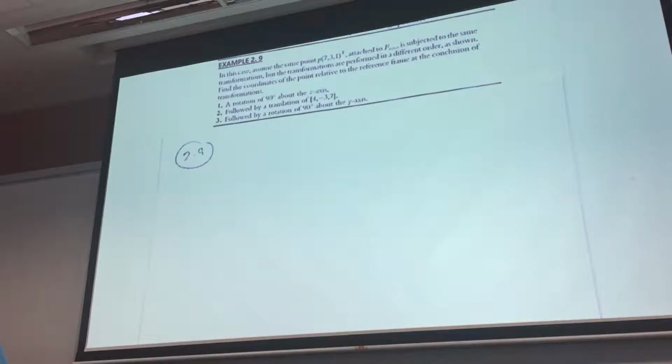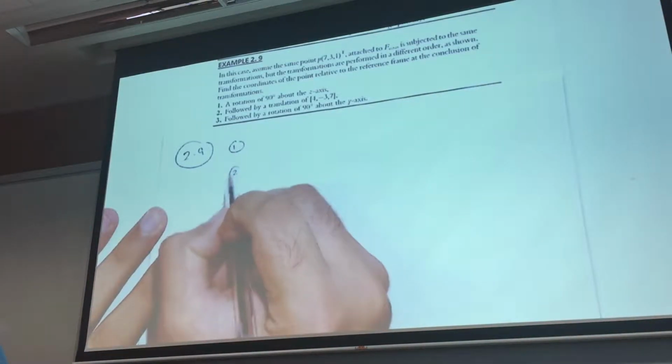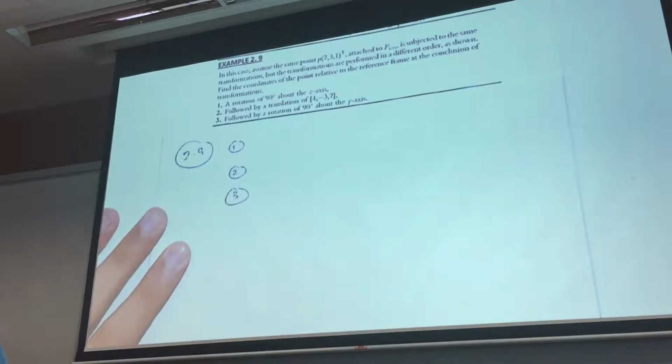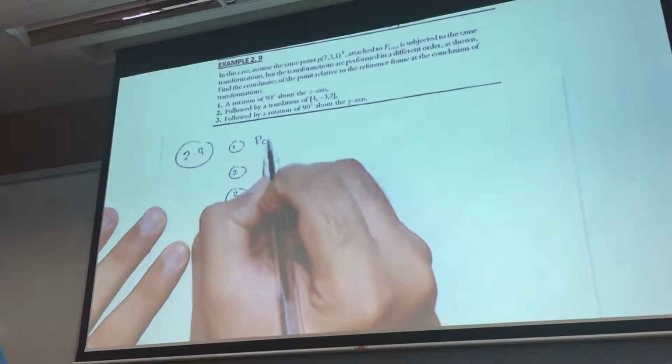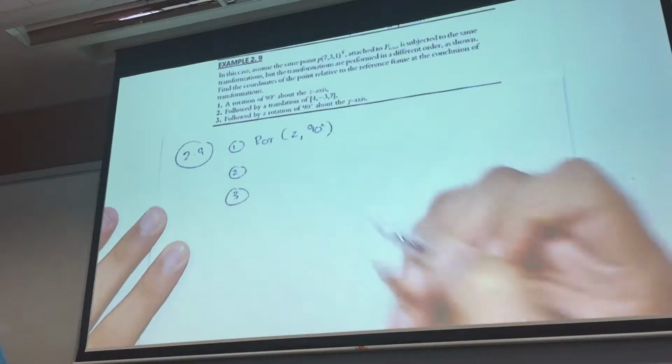Then again you have a rotation of 90 degrees about the y-axis. Is the y-axis with respect to the fixed or moving? Fixed, good. So you can put it this way. You have three sequences: 1, 2, 3. First, you will do a rotation about your z-axis by 90 degrees.